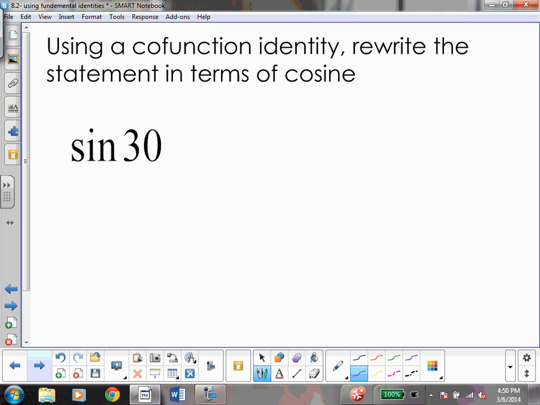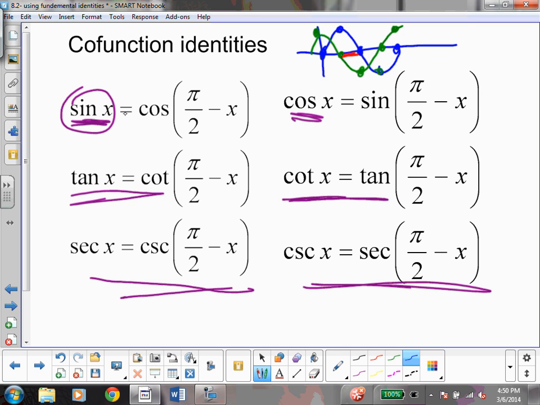Using a cofunction identity, rewrite the statement in terms of cosine. So I start off with the sine of 30. I have a sine function, so it's using our first cofunction identity.